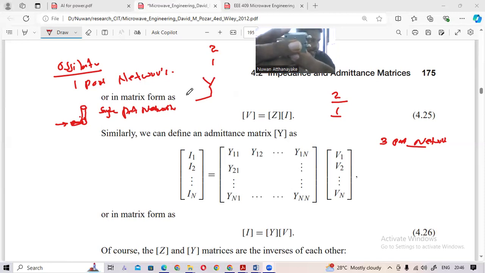For example, if you give a sine signal here, let's say the amplitude is 2 volts. This splits the power, let's say half to half. Half the power comes out here, half comes out here.